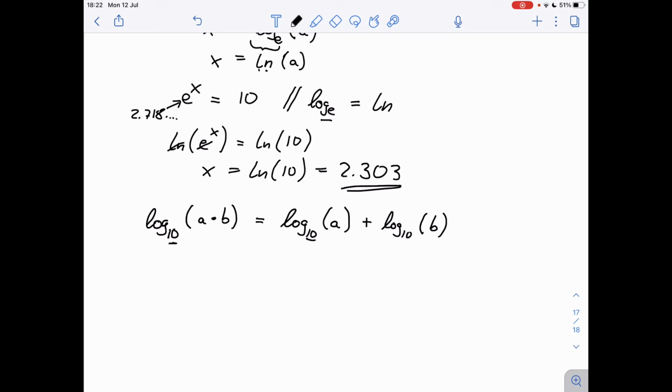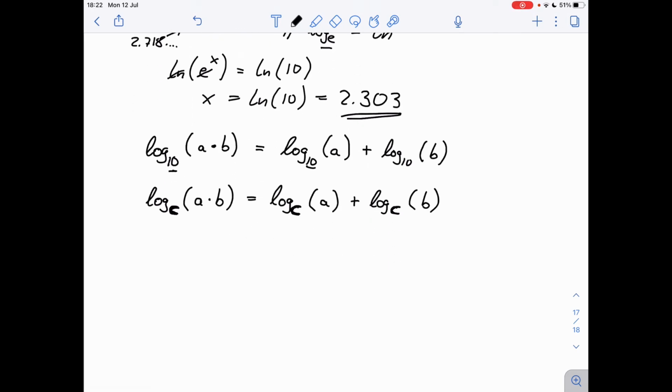We can even write a general form where we call the base any number, let's say log c of a times b gives us log c of a plus log c of b.